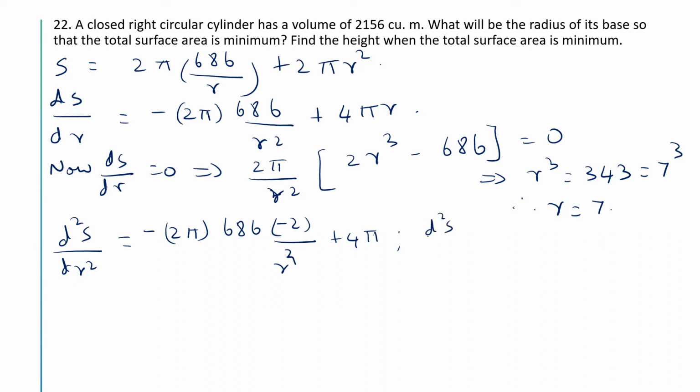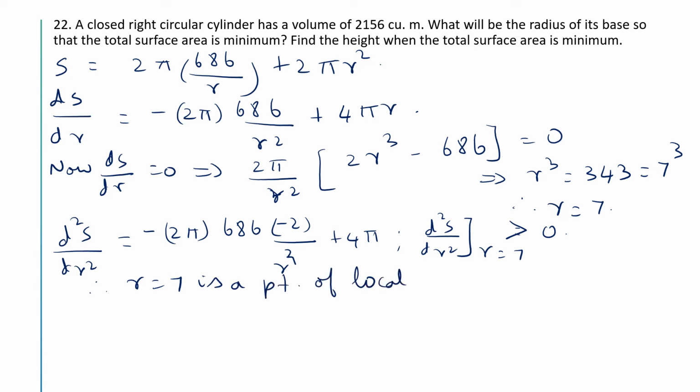Now d square S by dR square at R is equal to 7 will be positive. It is greater than 0. Therefore, R is equal to 7 is a point of local minima. So here they have asked what will be the radius of its base so that the total surface area is minimum. So radius R is equal to 7 centimeter is the radius.